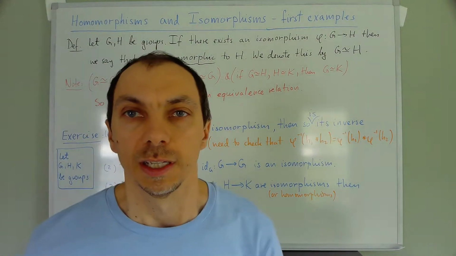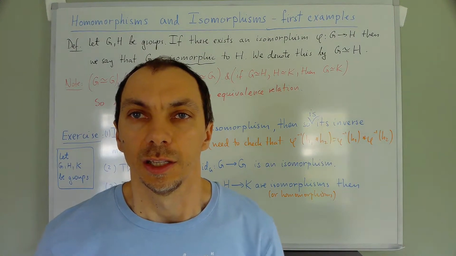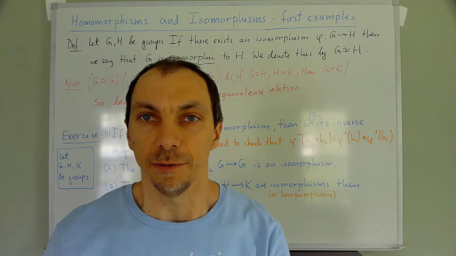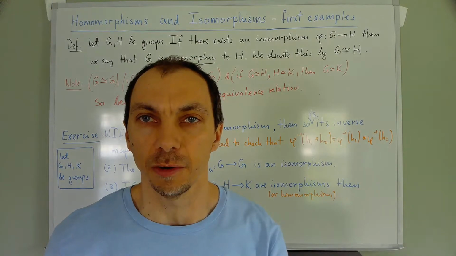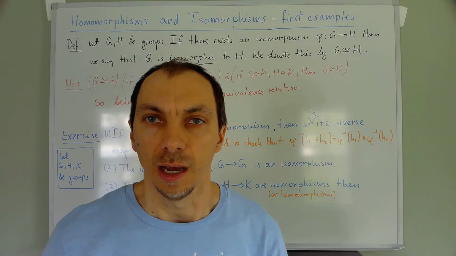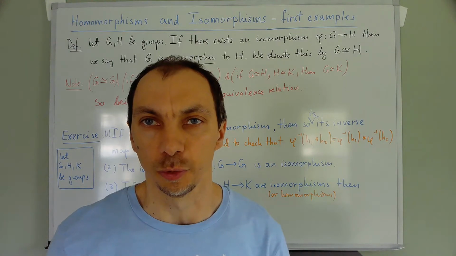So in other words, this property allows us to say when two groups are really different from the point of view of group theory, and when they are really the same from the point of view of group theory.